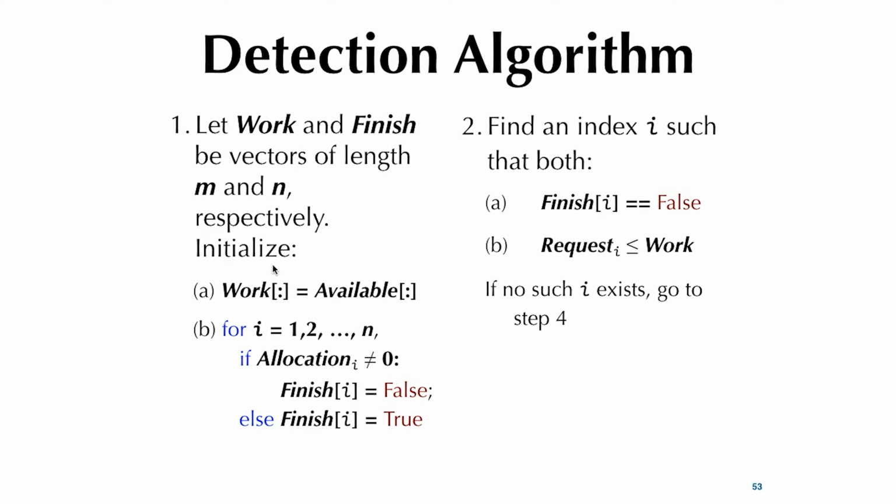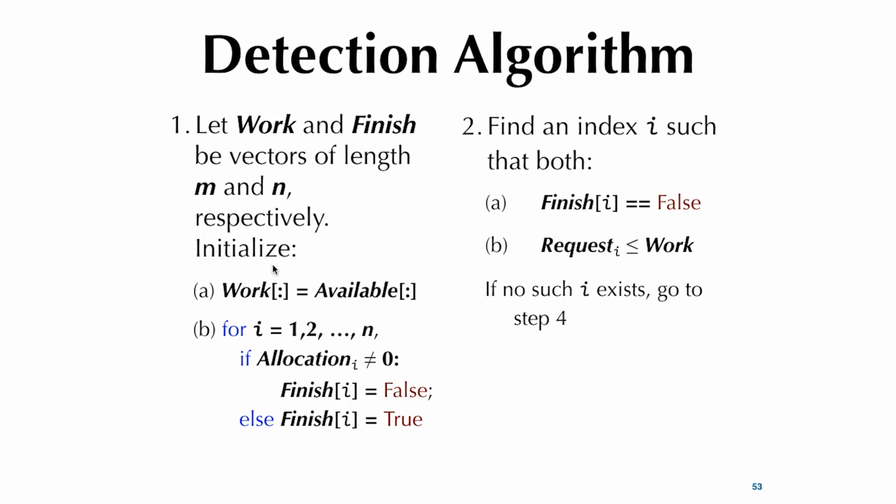So any process that currently doesn't hold any resource will just have to wait until this particular round is finished. Otherwise, it's additional strain on the resources. And they don't participate in the deadlock anyway if they're not holding any resource, right? So you simply set their finish to true if they don't hold any resource.